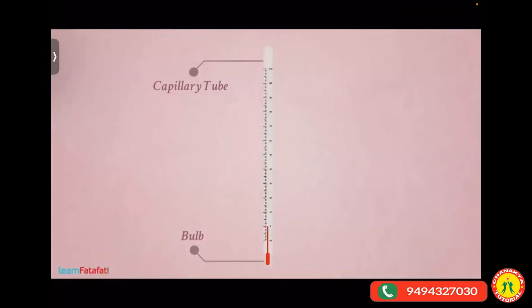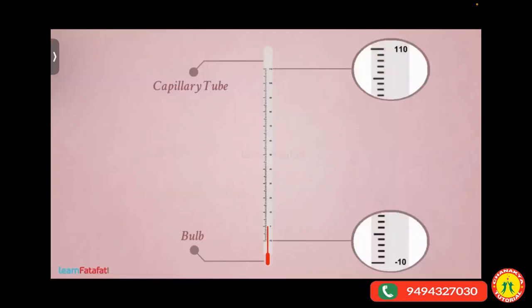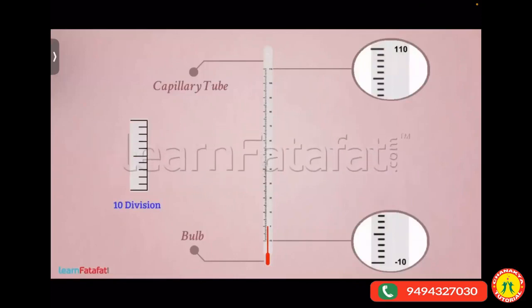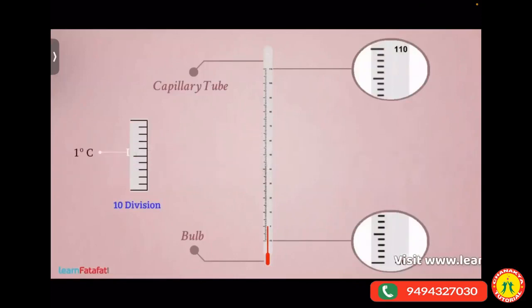Generally, the laboratory thermometer has a scale between -10 degrees Celsius and 110 degrees Celsius. There are 10 divisions between each consecutive number. That means each division indicates 1 degree Celsius. While measuring the temperature, we should follow some practices to get a correct reading.